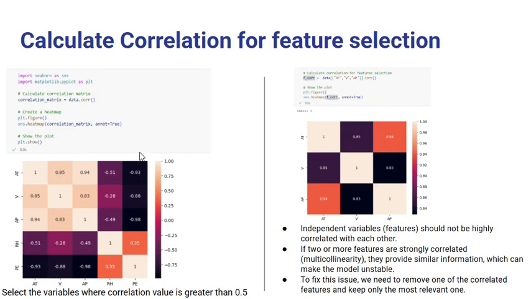So as part of feature analysis, I have done a correlation matrix and plotted that on a heat map, and we can see here the correlation between the different features which are there. And as a practice, we'll be selecting the features where the correlation values are greater than 0.5, which shows the relationship between those features. So we can see here clearly from the graph on left that AT, V and AP are strongly correlated.